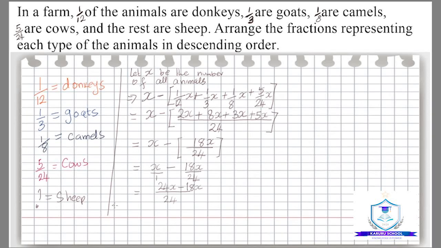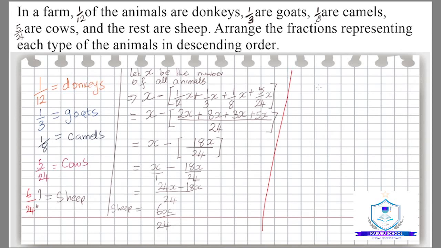So the number of sheep will be given by the fraction 24 minus 18 gives us 6x over 24. So we have the value of sheep equal to 6 over 24.